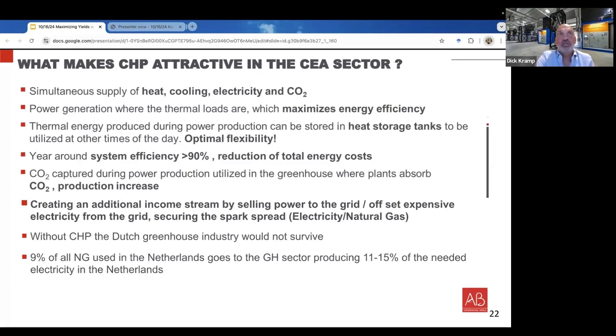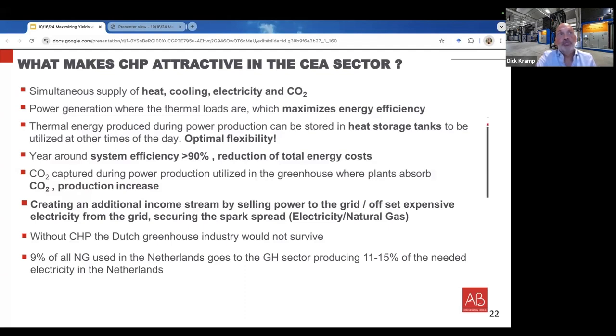When the gas price rises, normally the electricity price is connected to this. So when the gas price goes up, the electricity price goes up. The Dutch greenhouse industry is really the balancing tool for the grid regulator in the Netherlands. 9% of all the natural gas used in the Netherlands goes to the greenhouse sector, but they are producing 11 to 15% of the needed electricity in the Netherlands, and that is dispatchable power.